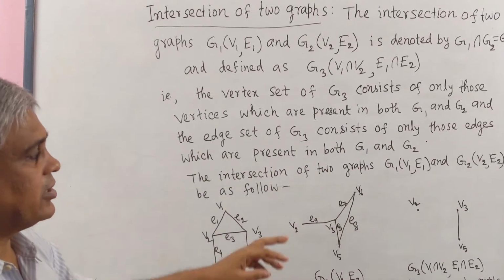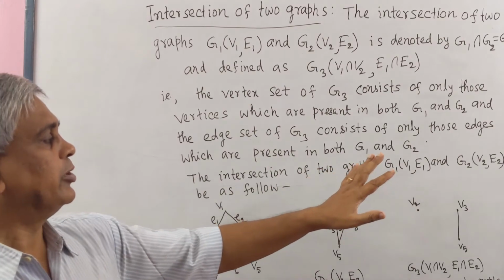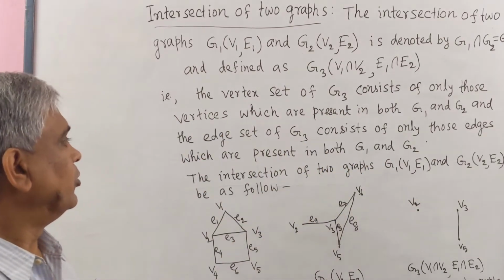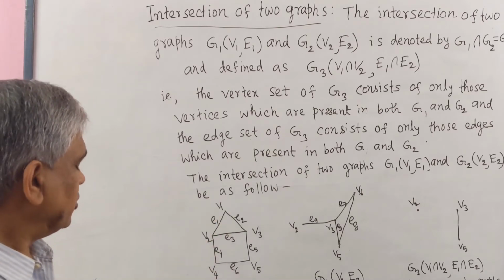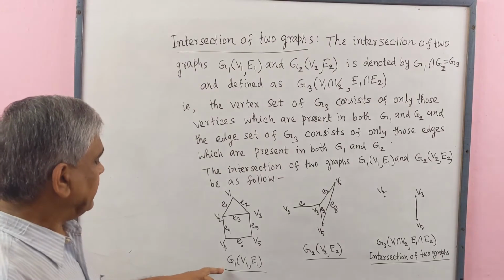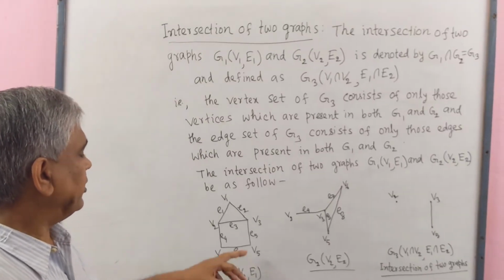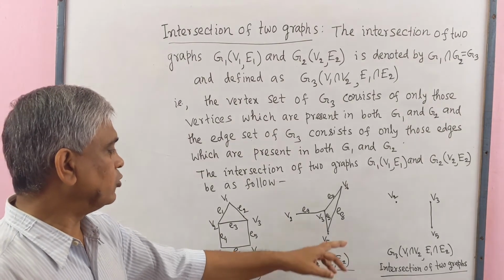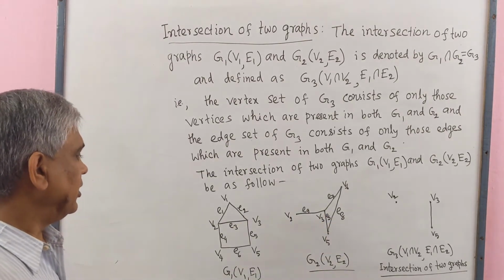The intersection of two graphs G1 (V1, E1) and G2 (V2, E2) is as follows. This is an example. Here G1 is the first graph and G2 is the second graph.